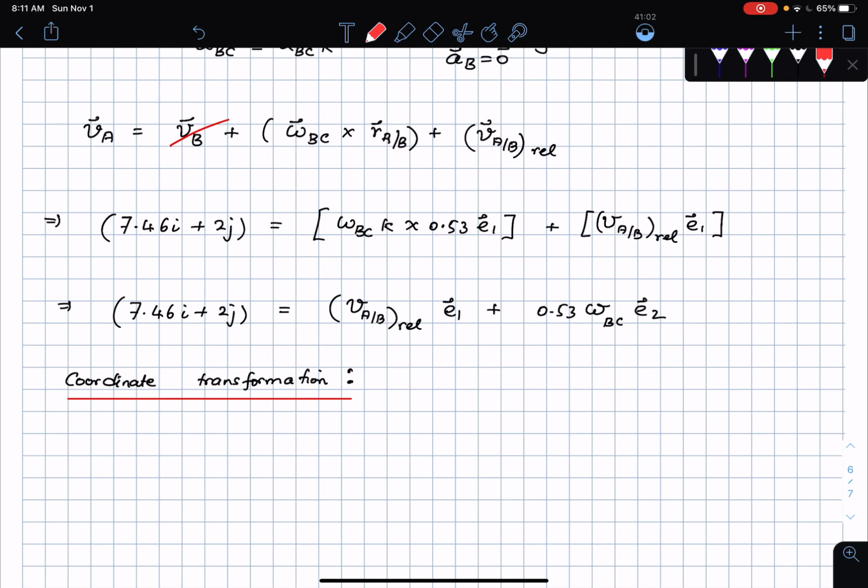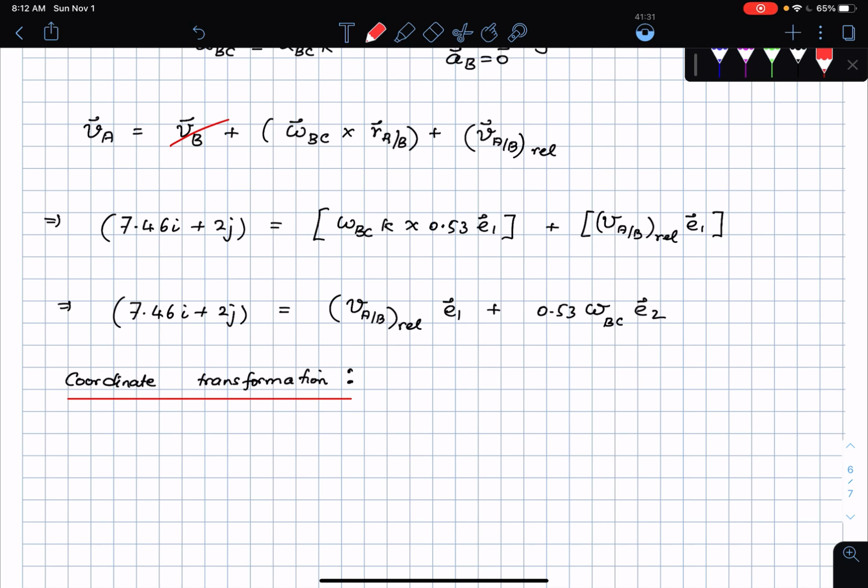Now, do I go from E1, E2 to i and j, or do I go from i, j to E1 and E2? The obvious answer is I go from i and j to E1 and E2, because then I can just compare the terms on both sides to obtain my unknowns. If I do the transformation from E1 and E2 to i and j, then I'm going to have terms containing unknown quantities in the i and the j directions, both on the left hand and right hand side.